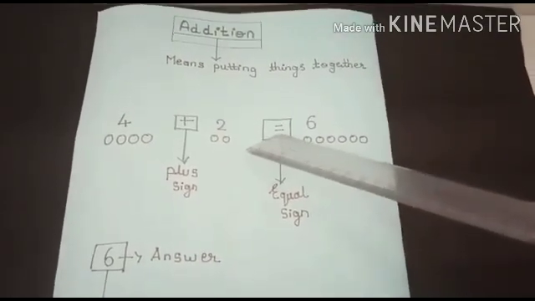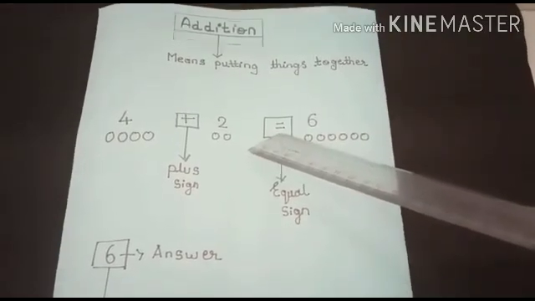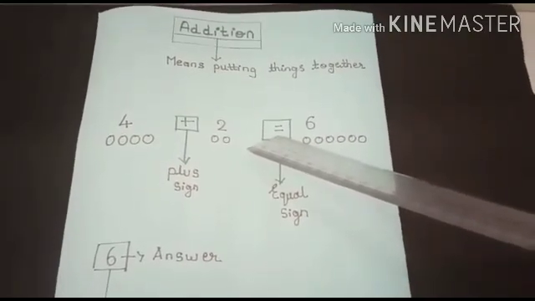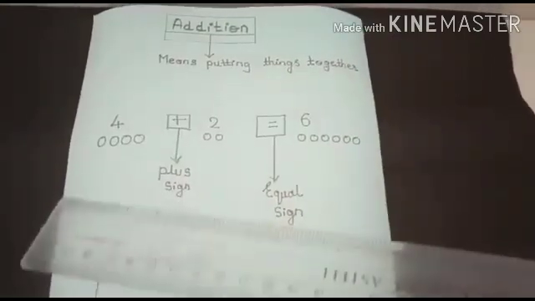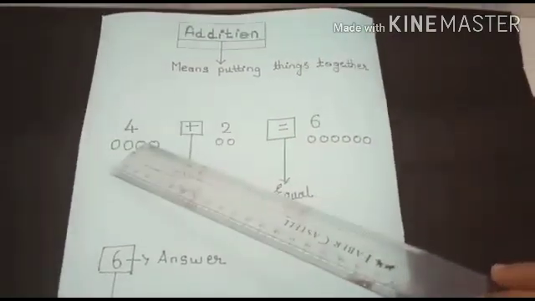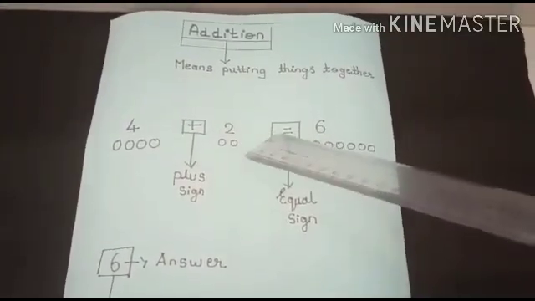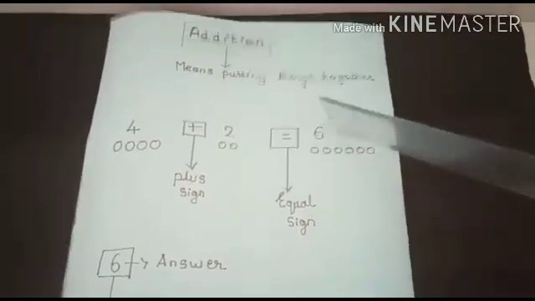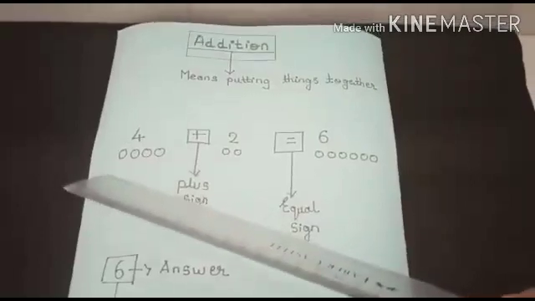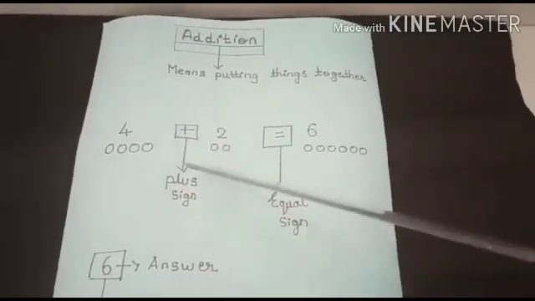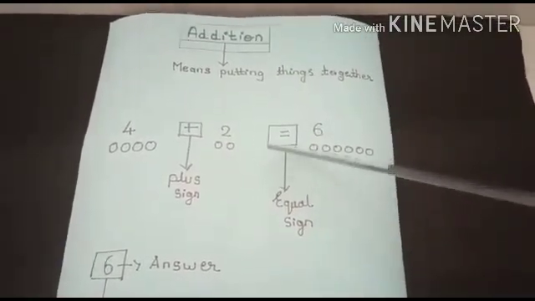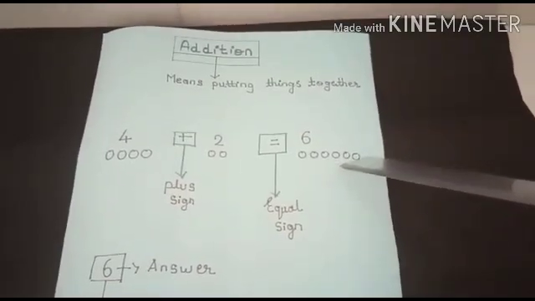Can you see this sign? This sign is called equal sign. So, we will read it as 4 plus 2 is equal to 6. 4 circles plus 2 circles is equal to 6 circles.